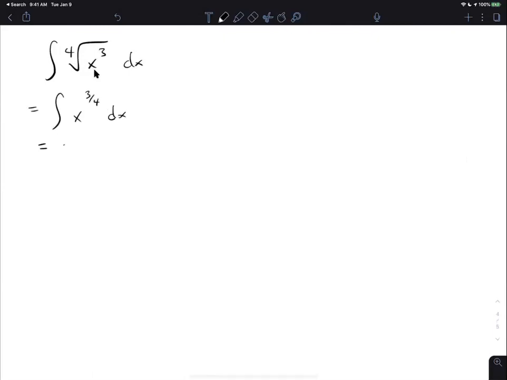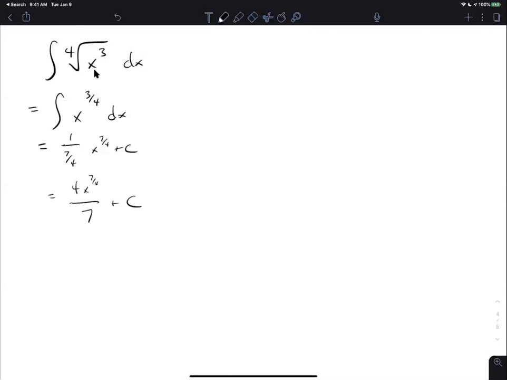That now matches the form. 3/4 plus 1 is 7/4. So we get 1 over 7/4 x to the 7/4. Let's make that a little bit neater, which is then 4x to the 7/4 over 7 plus c. These are going to build fast now, but does everybody follow it?